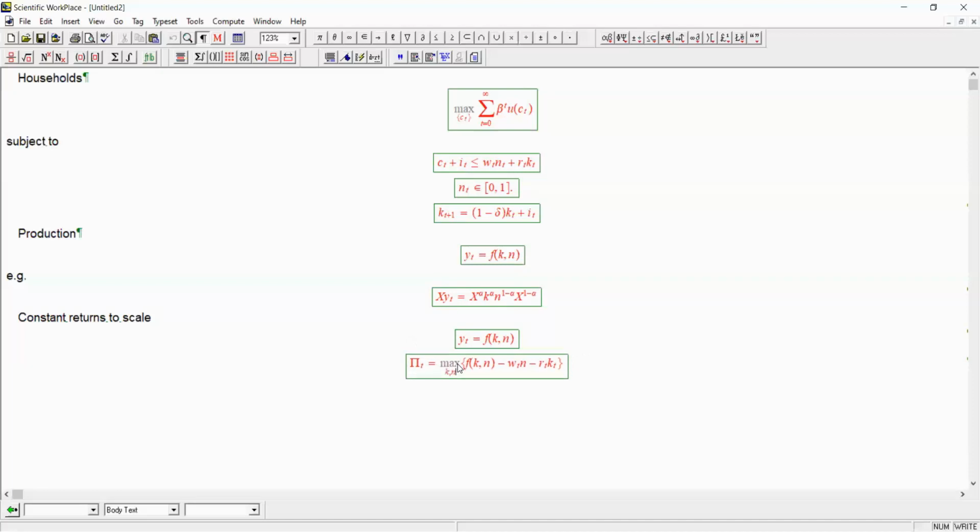So what they're choosing are K and N. And this is a static problem because there's nothing in the firm's problem that means that it needs to take into account any future factors constraining its behavior or that might affect its optimal behavior today. So we can just focus for now on the static profit maximization problem.